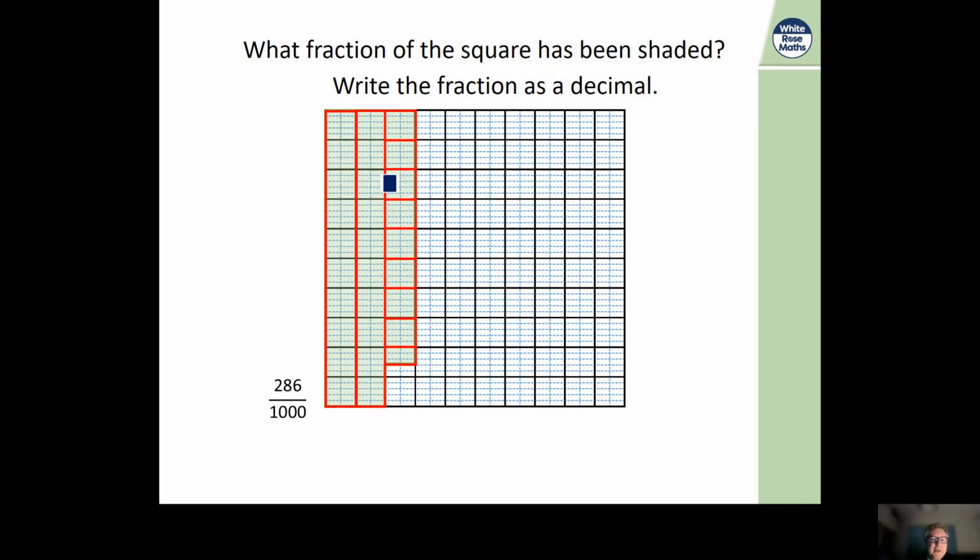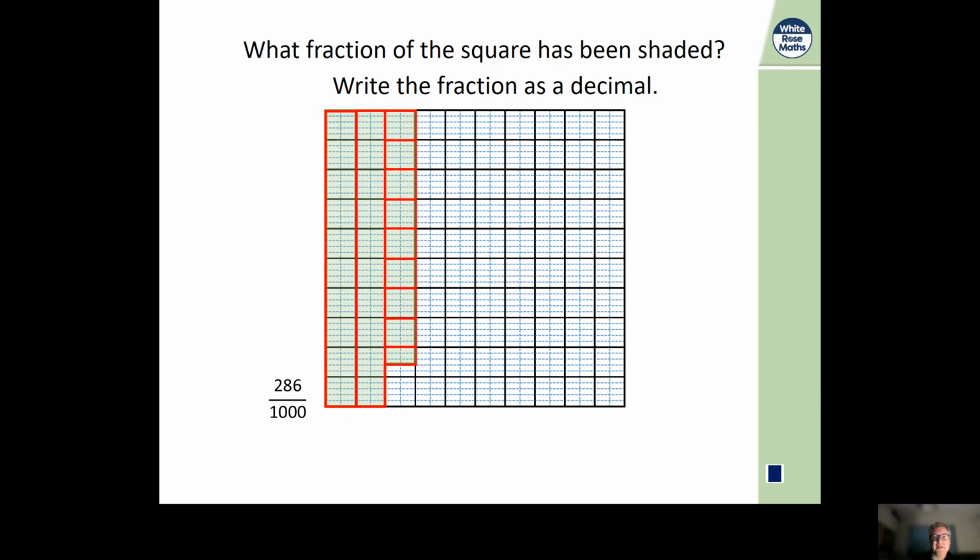So we had 100 here, 100 here, and then hopefully we should have the 86. 80 and 6.